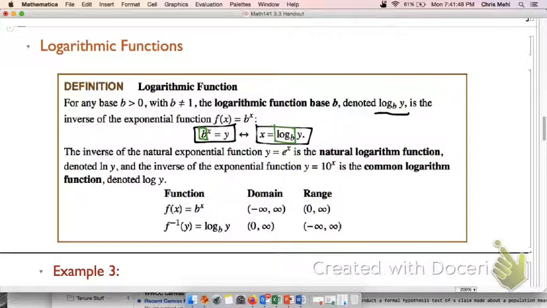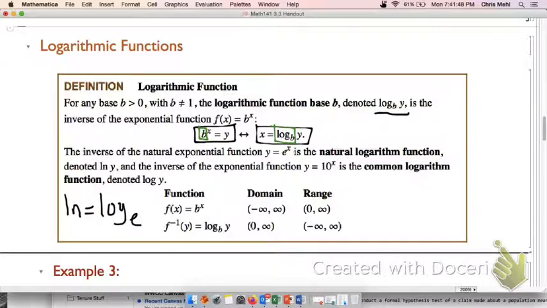And the inverse of the natural exponential function y equals e to the x, so if the base on the exponential is e, that's called the natural exponential function. The natural logarithmic function is denoted by ln y. This notation ln just stands for log base e.